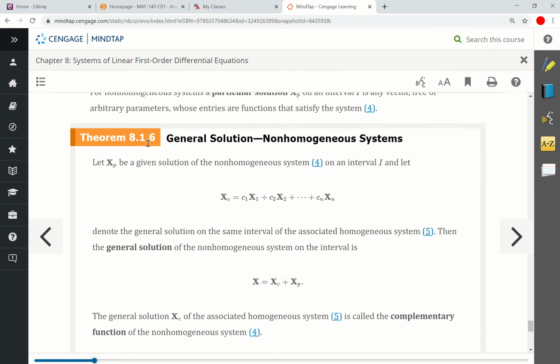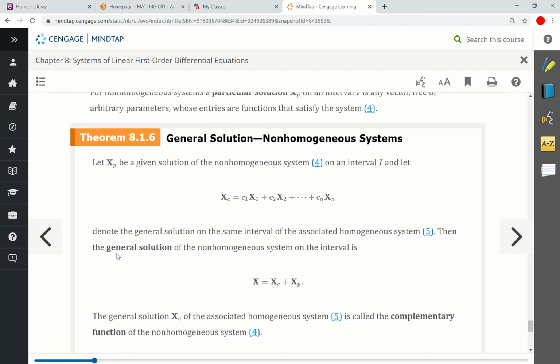In theorem 8.16, we're going to talk about the general solution of a non-homogeneous system. Let's let x sub p be a solution of the non-homogeneous system on an interval I, and let x sub c be equal to a linear combination of our fundamental set. Then the same thing that we saw with the preliminary differential equation stuff, the simple linear differential equations, will also be true of systems.